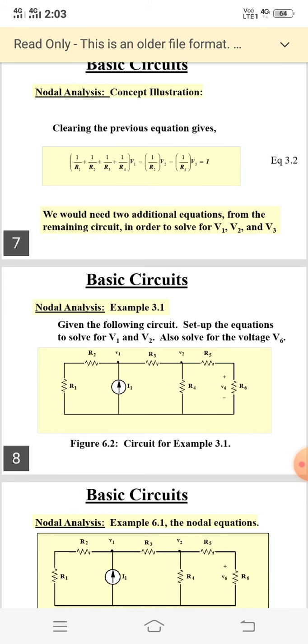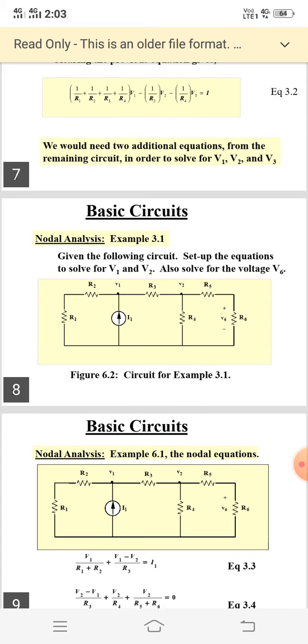Then we move to the node 2, V2 equation. Here the R3 resistance enters node 2, but its other end is connected with node 1, V1. So you write V2 minus V1 by R3 resistance.